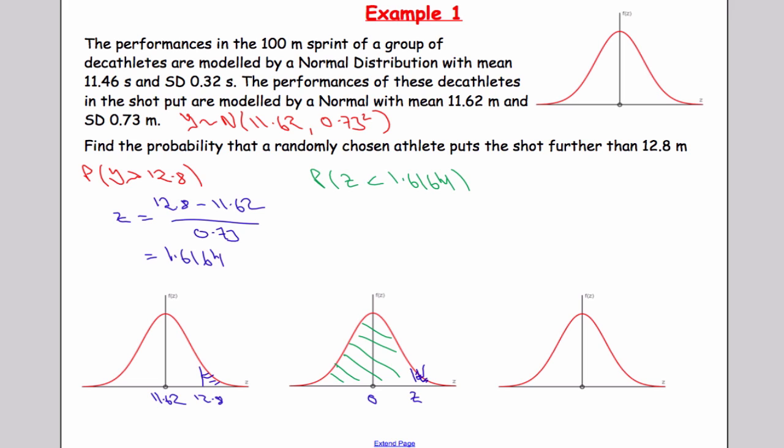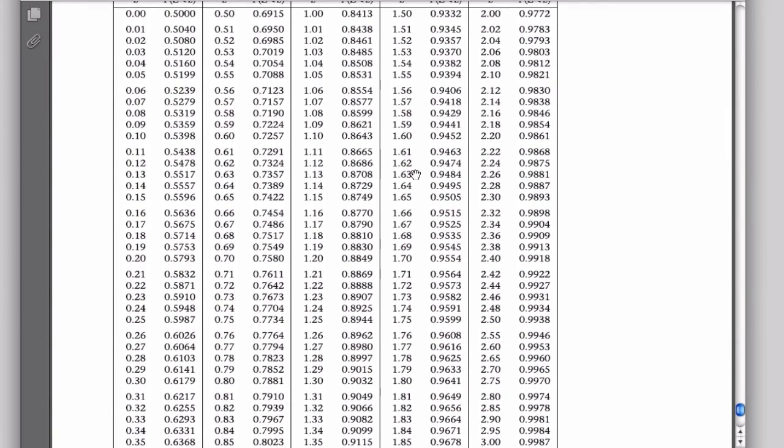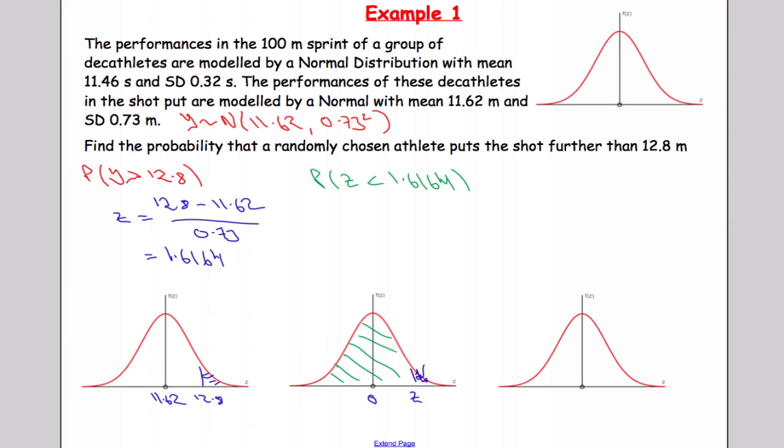We need to go to our table. 1.616, so that's closer to 1.62. I'm going to choose this value, it's the closest one to it, 0.9474. That means to get my answer I need to do 1 take away 0.9474, because the green region is represented by that probability, the blue region is going to be found by subtracting it from 1.